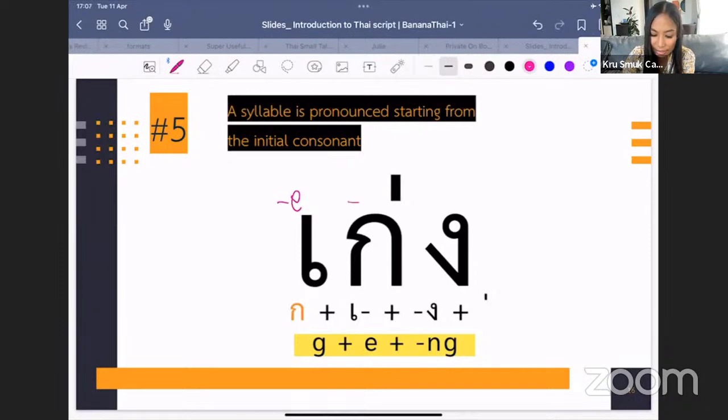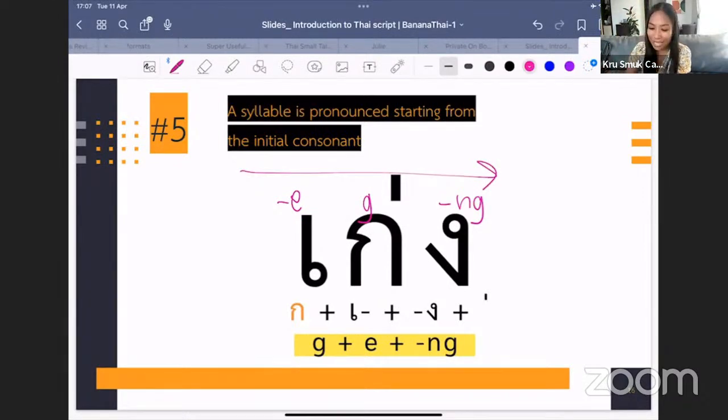This is g sound. This is ng, the ending consonant sound, okay? So do you read it from left to right, like in English, starting from the first letter? No, you don't. Otherwise, you will read it wrongly, and that is not Thai. Okay?